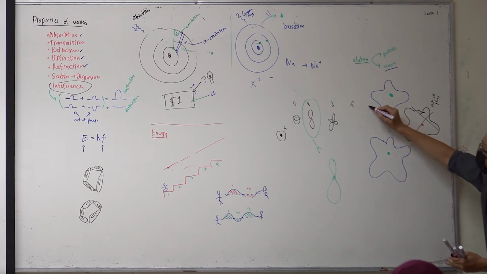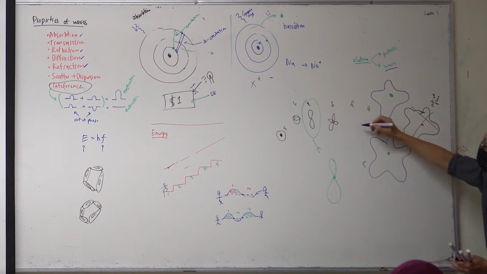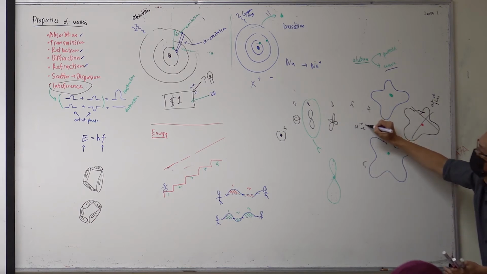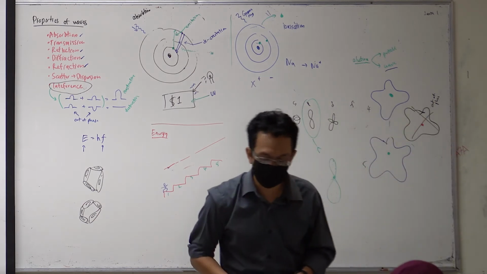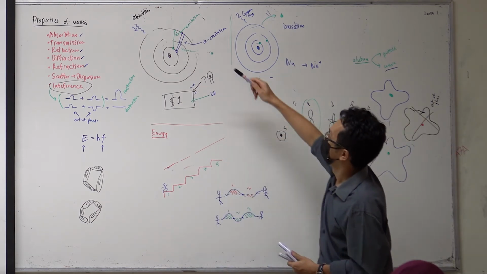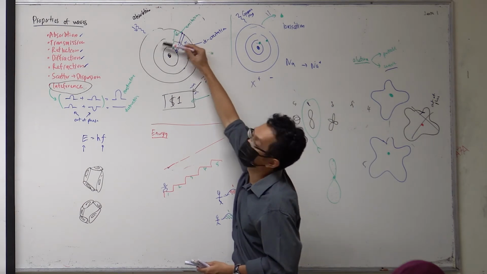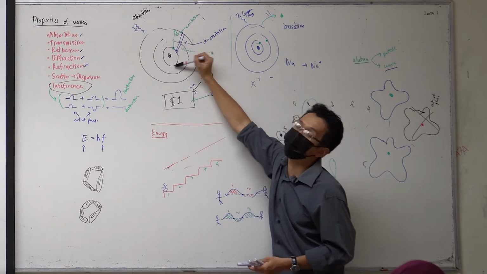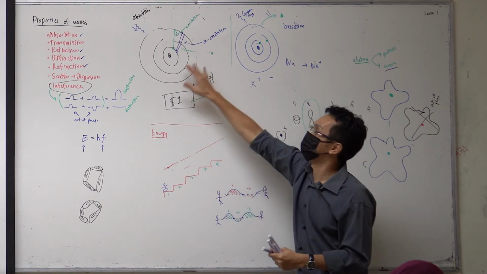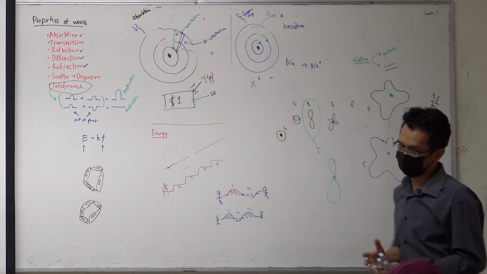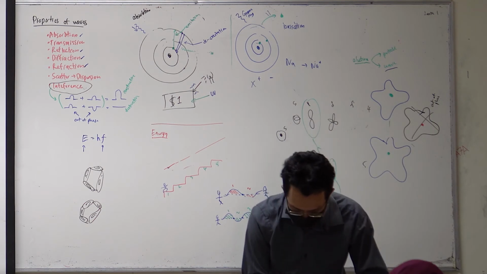So you have 4, this 5, never 4.2, 4.3 like that. So this is basically the idea of quantization of energy, and also why you see the orbitals occur. Why are they orbits? Why is it not just the electron moving around like that? They must be orbits because of this, the definite one.